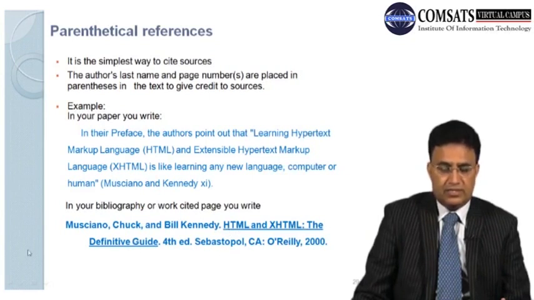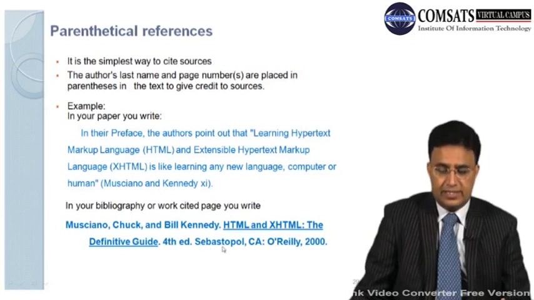I just put, you see, underline to make the point clearer. Is 4th edition, and then it has the place of publication, colon, and O'Reilly is the publisher, comma, and this is the year of publication. So if you refer to this within the text, a short reference, you will give the full reference in the bibliography or in the works cited in this form.